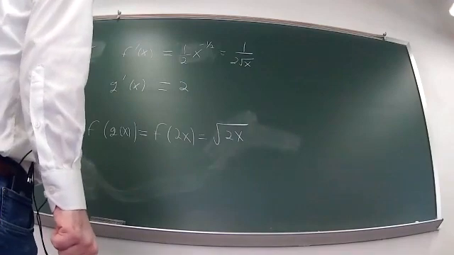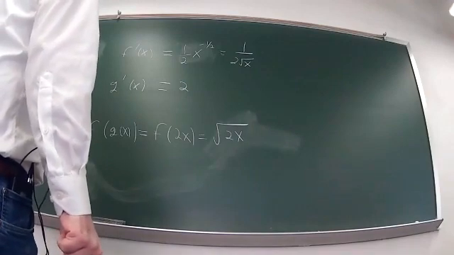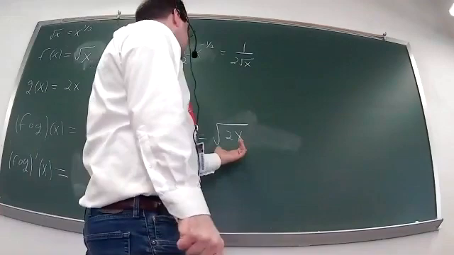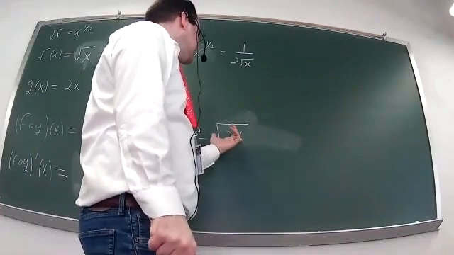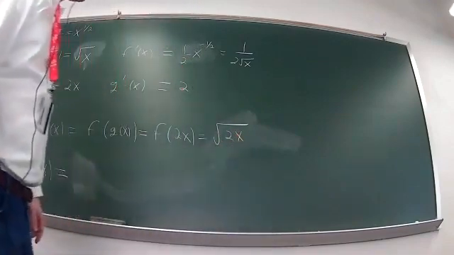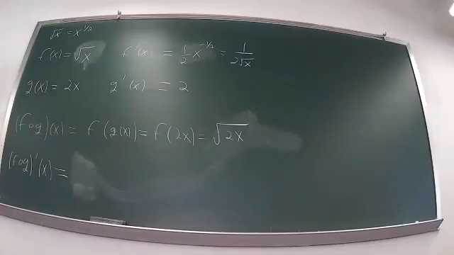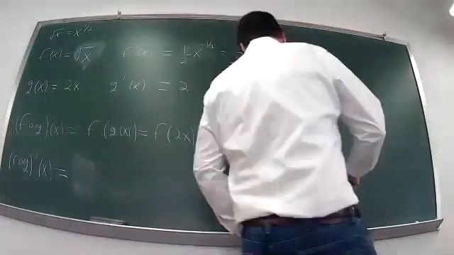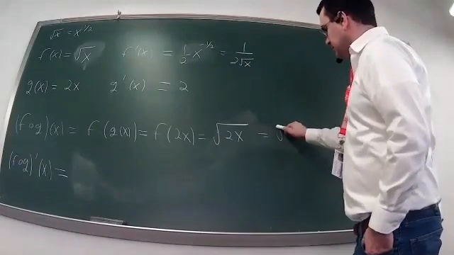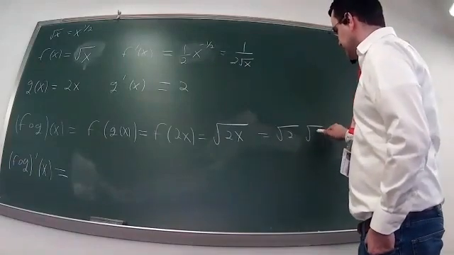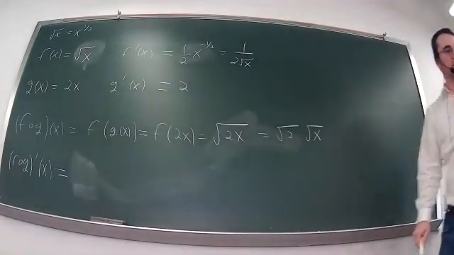Well, you might say, we don't really know how to take the derivative of square root of 2 times x, right? But here, algebra can save you again, because you can rewrite this as the square root of 2 times the square root of x.